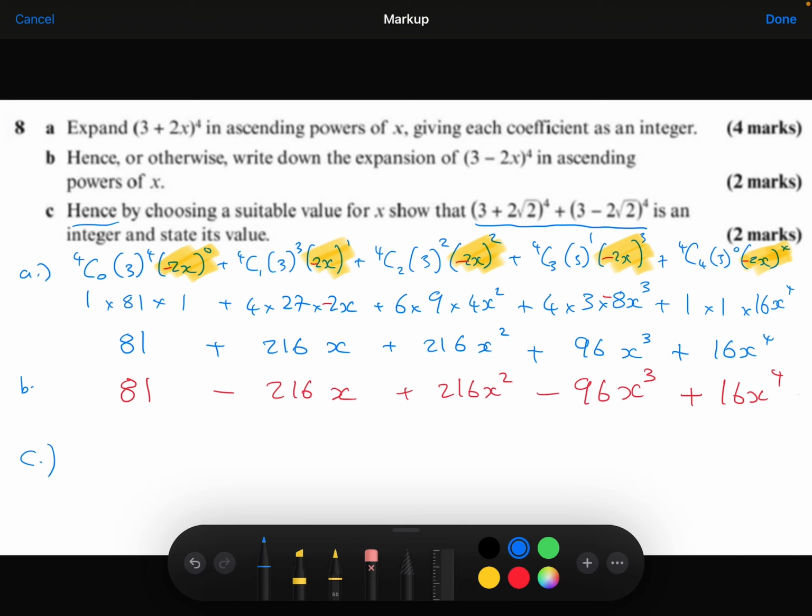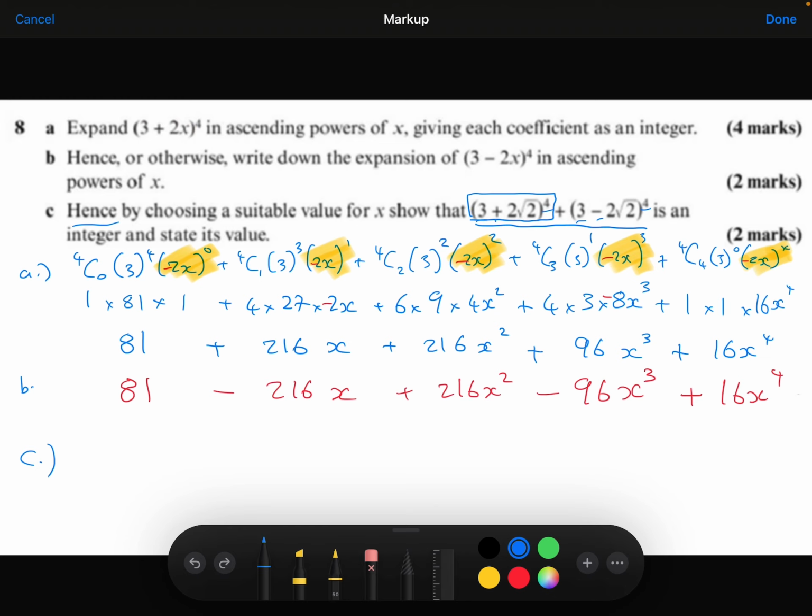Well, notice we've got the power 4s, so they match up. We've got a 3 plus here. We've got a 3 minus here. So this is basically the same as what I did in part A, but just with x being root 2.